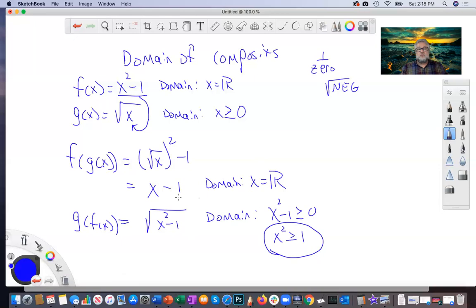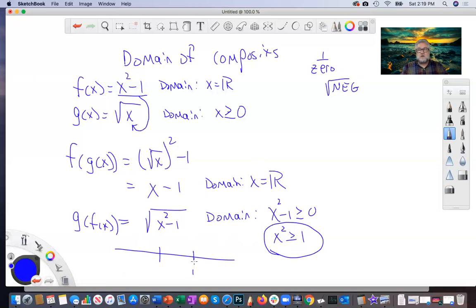So you go through and we can look at this and make sure, oh wait, let's see here. Hold on. X squared has to be greater than or equal to 1. But that means if I plot this on the number line, it could be 1 or it could be greater than 1.